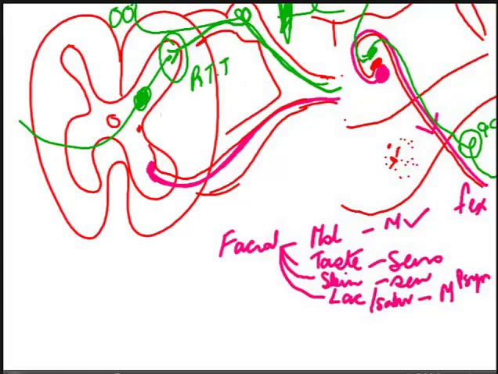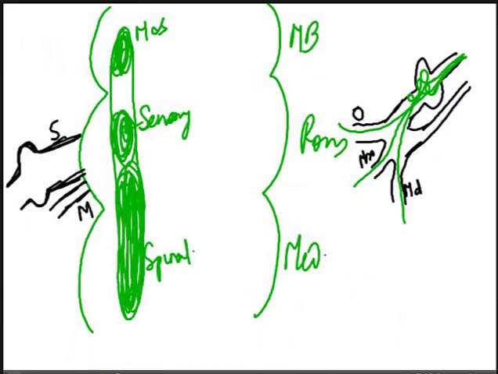So similarly, these different nuclei present in the trigeminal are responsible for receiving different impulses. The spinal nucleus is the nucleus which receives impulses for pain and temperature from any part of the face. So spinal is for pain and temperature from any part of the face. The principal sensory nucleus is responsible for carrying tactile information, all kinds of tactile information from any part of the face.